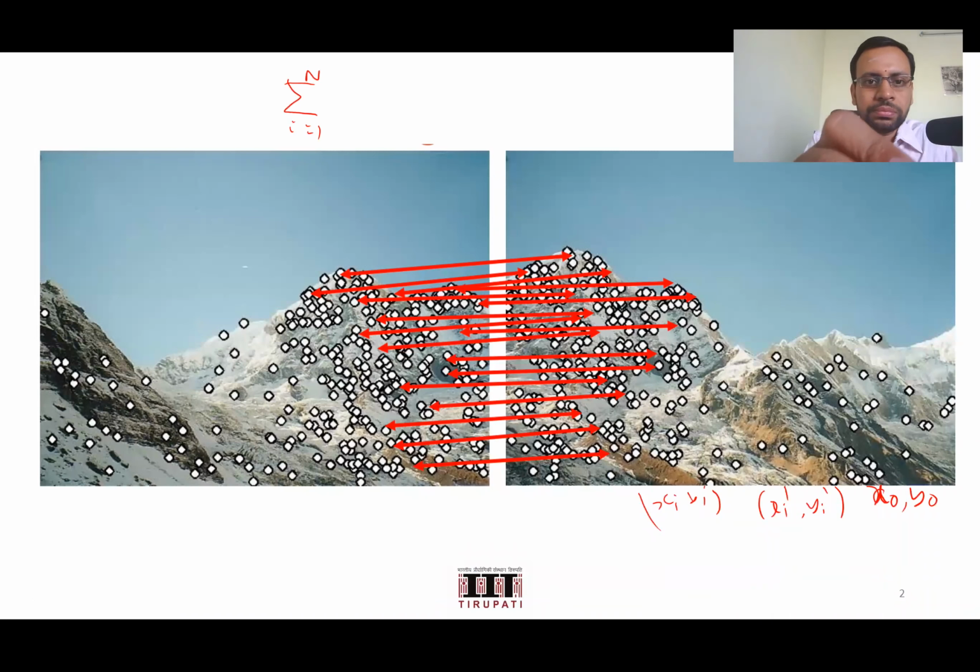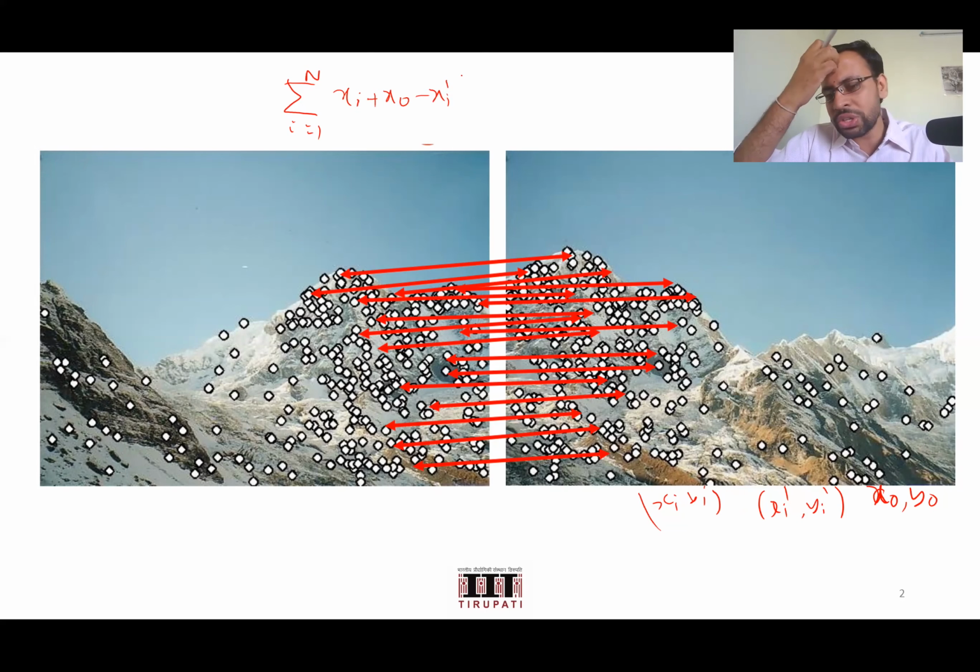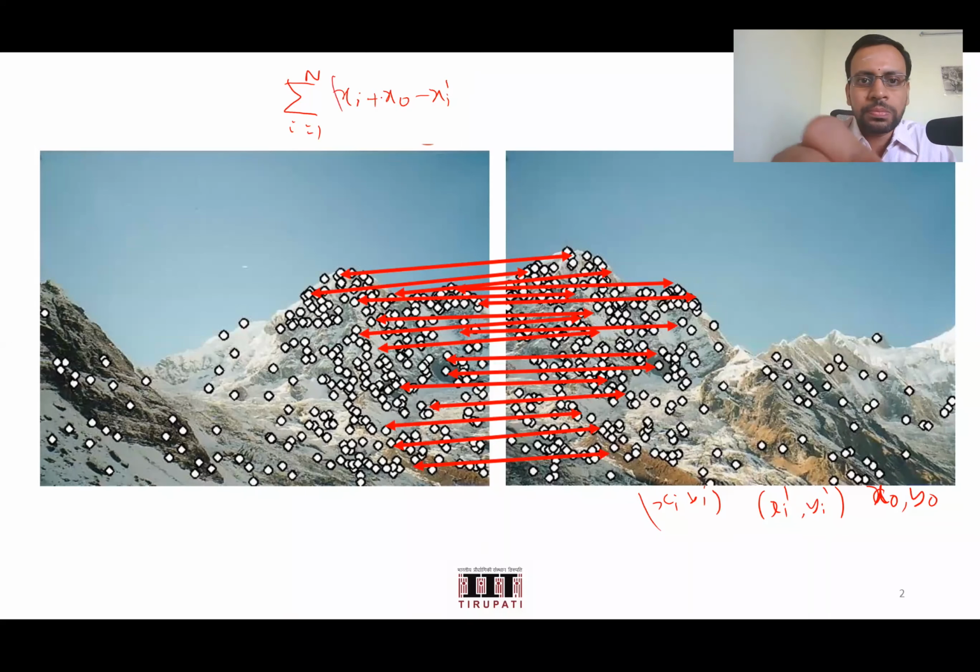Is it just xi plus x naught minus xi prime, and then the norm of this whole square? We have to use the norm, just tell me in scalar form. Whole square, we have to minimize this. Is that all?